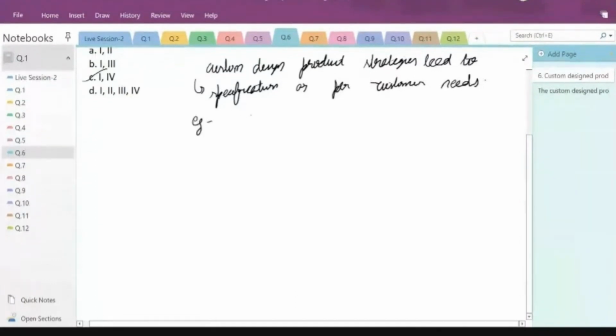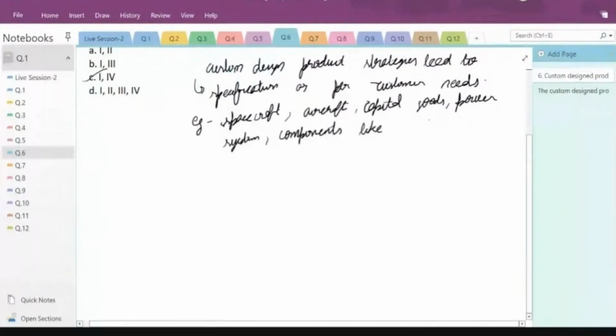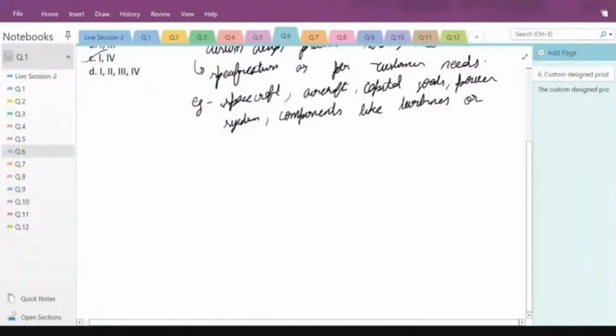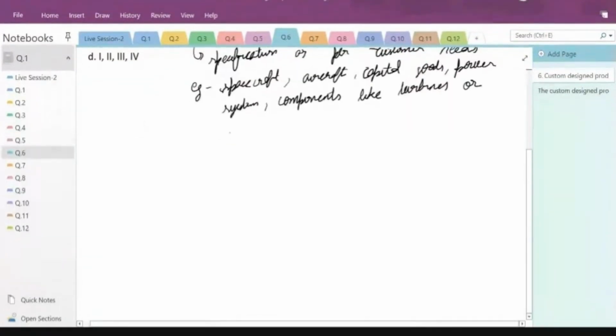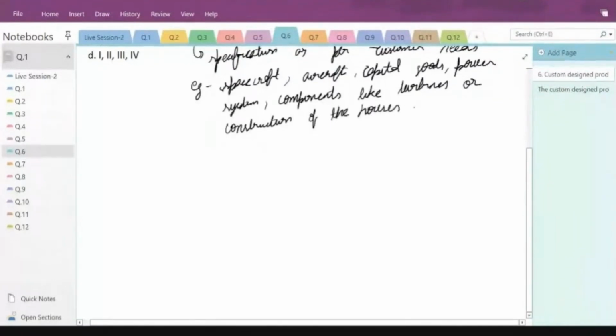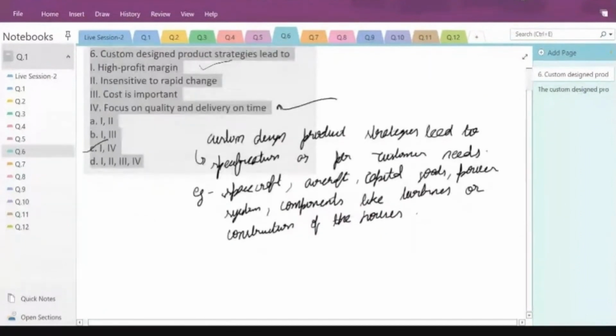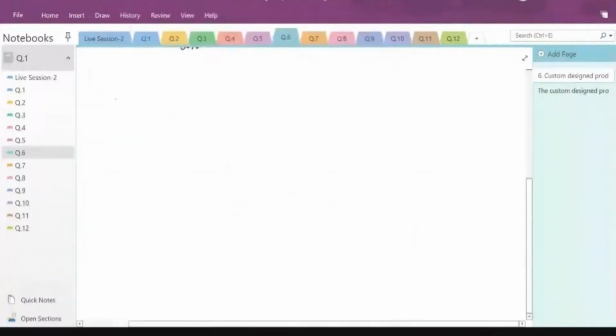Examples we can take are spacecraft, aircraft, capital goods, power system components like turbines, or construction of houses. Here the product is uniquely designed and manufactured according to the need of the customer.